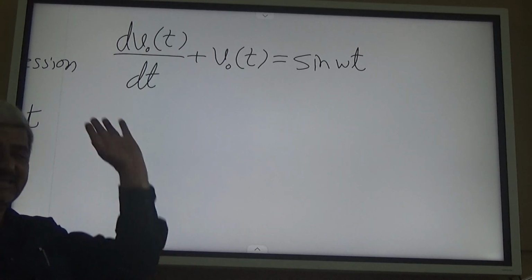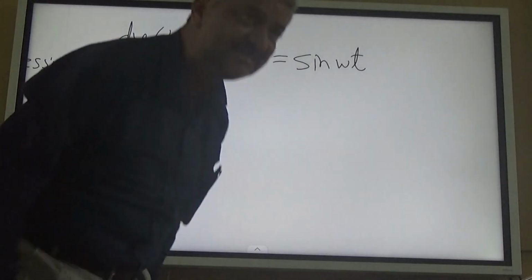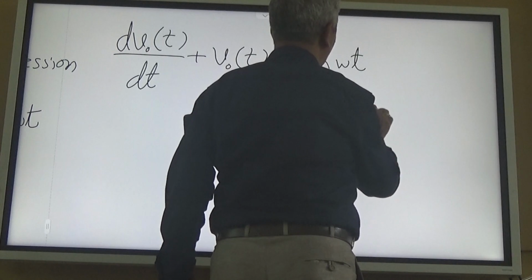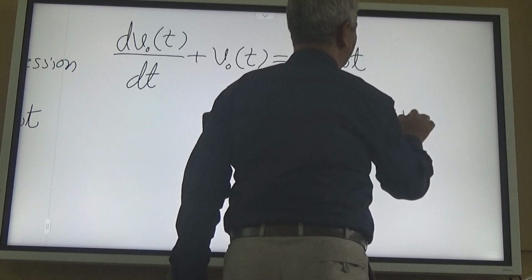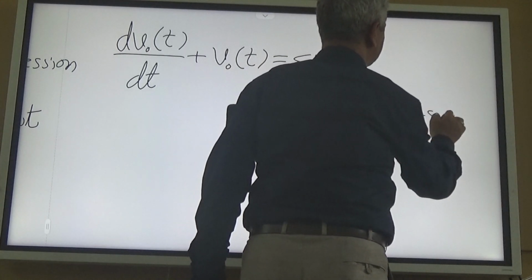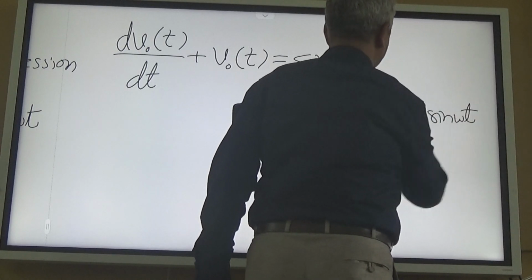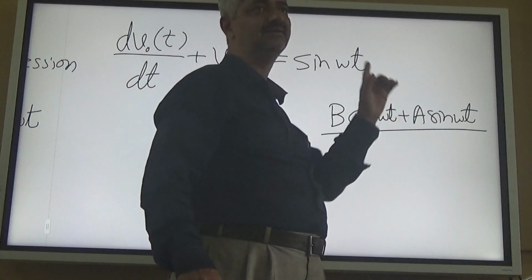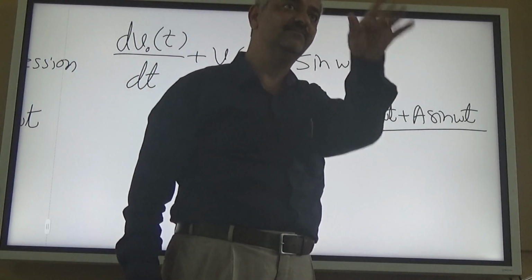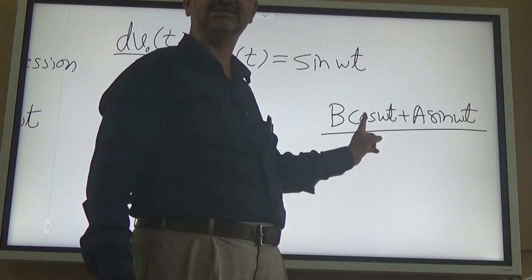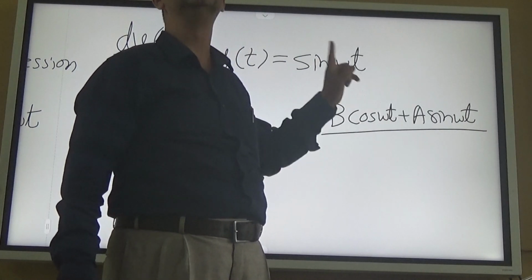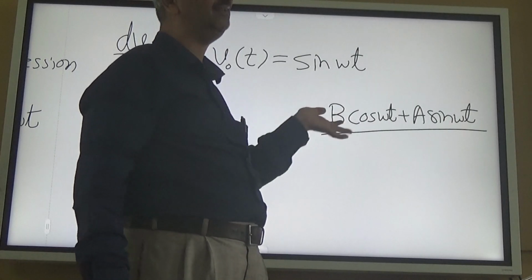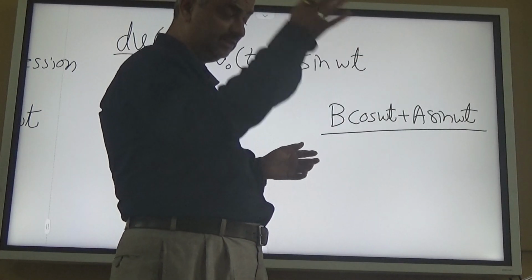राइट? So how you can represent a sinusoid? You can always represent a sinusoid by B cos omega t plus A sin omega t. Right? Means A and B together take care of amplitude and phase. So this is a sinusoid this way, or you can say C cos, basically cos is taken as fundamental because we will discuss it later on.